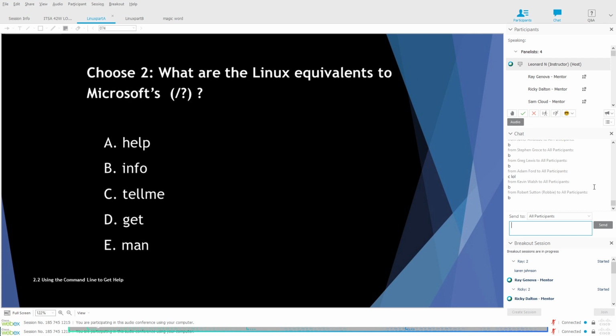What are the Linux equivalents to Microsoft's / question mark? Is there a help in Linux? Your info pages and your man pages.